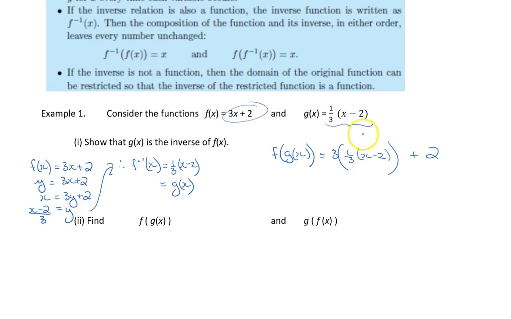So g of x had to get multiplied by 3 and then add 2. So 3 times 1/3 is 1, expanding the bracket, you're just left with x minus 2, and then we've got a plus 2, and so it's possible to show that f of g of x is actually x, therefore f of x and g of x are inverse functions.